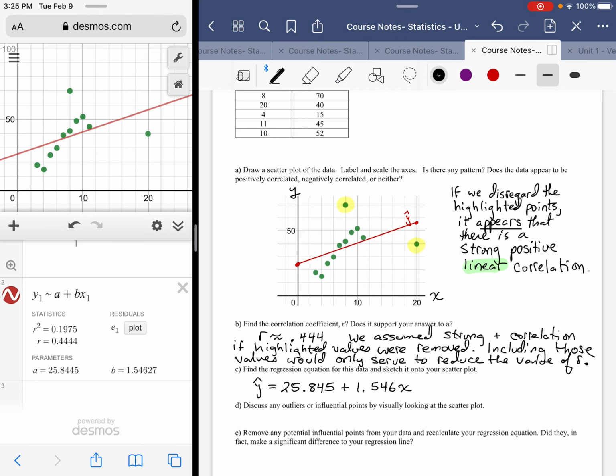All right, so the highlighted values show a striking deviation from the overall trend of the data, making them outliers.